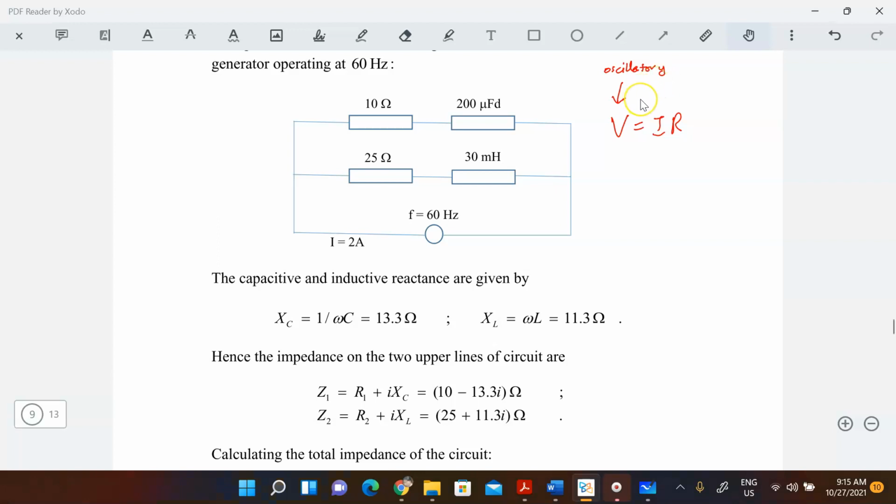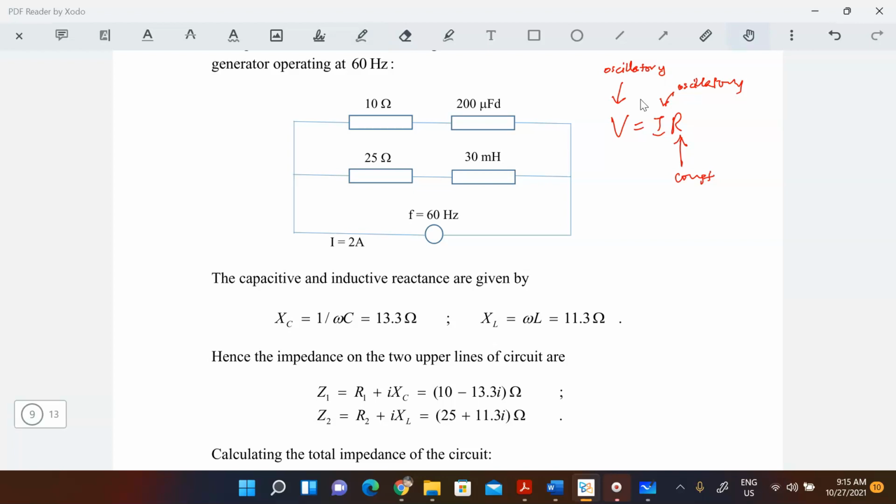In the case of V equals IR, your R is going to be constant, and hence the oscillatory signal of the voltage will be in sync with the oscillatory signal of the electrical current. So in that case, there's no lagging or leading of the signal.